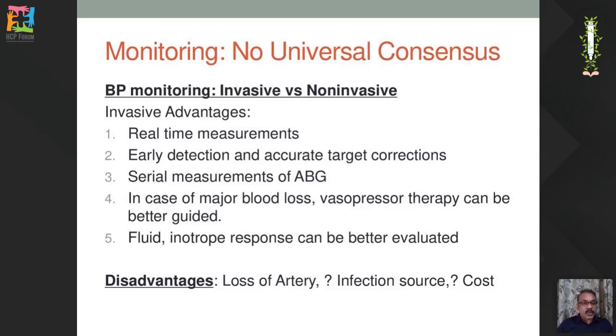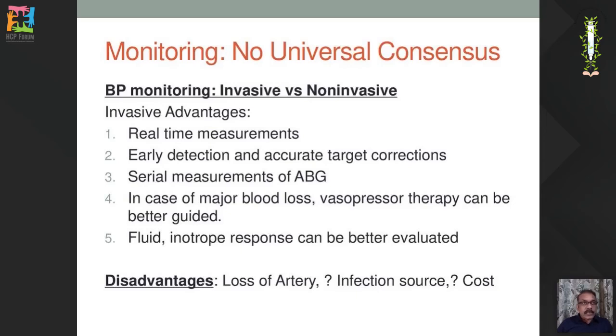Post-operatively, if there was acute tubular necrosis, blood pressure can be one of the factors discussed. Invasive monitoring gives real-time, beat-to-beat measurements. During induction, you can see the trend, how far the blood pressure is coming down, where to stop with induction agents, and when treating hypertension you can target corrections accurately.